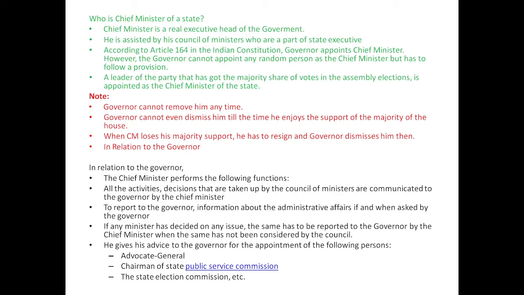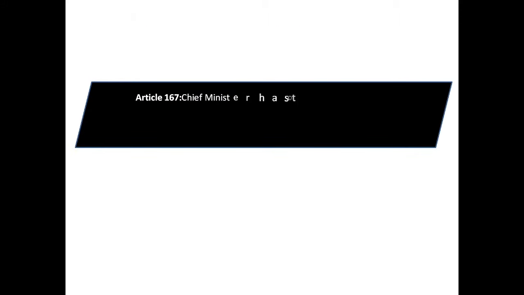Also, for the appointment of some key posts in the state government, like Advocate General, Chairman of the State Public Service Commission or State Election Commission, he has to take the advice of the governor. The points just discussed are clearly given in Article 164.